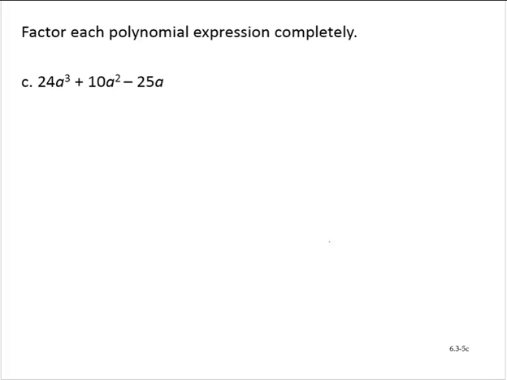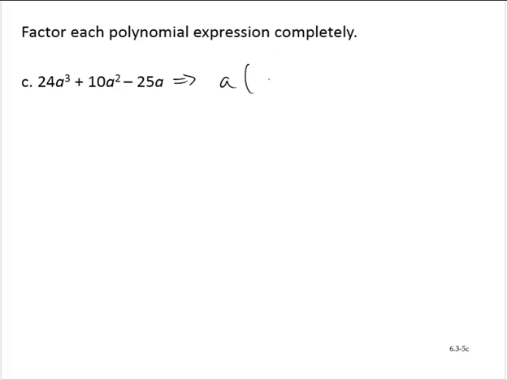And a third example, we have 24a cubed plus 10a squared minus 25a. Alright, so any common factors? Looks like all I can factor out is the a. So let's factor out the a.